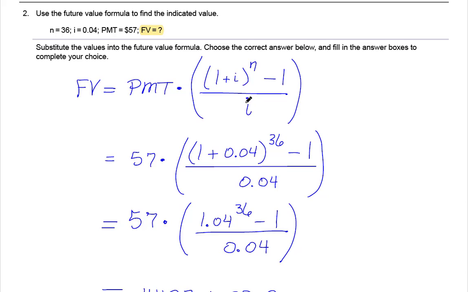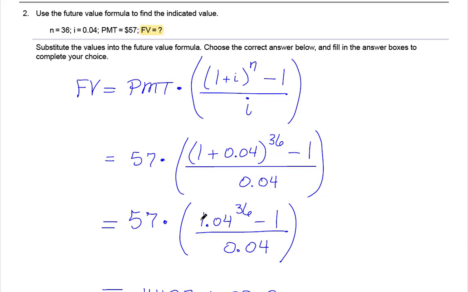They're giving that to us. Remember, I has the rate in there. It's rate divided by N. And N, we're going to do this for 36 periods. All right, 36 total periods. So we simply put all these numbers in and start calculating.